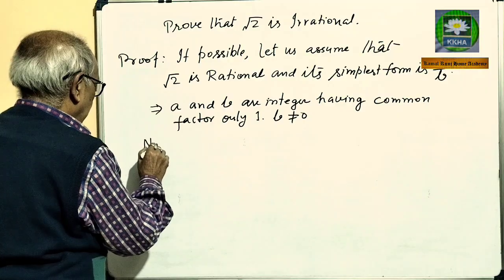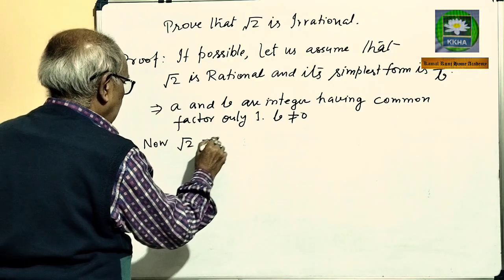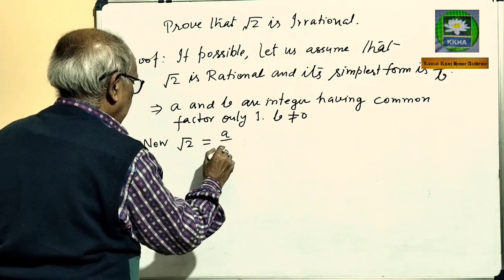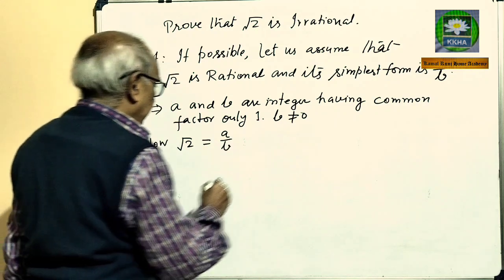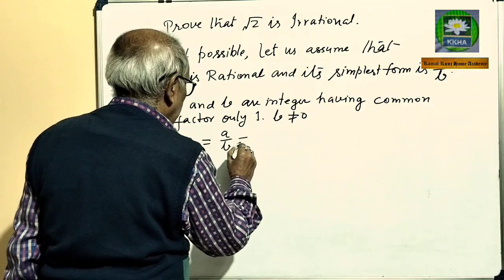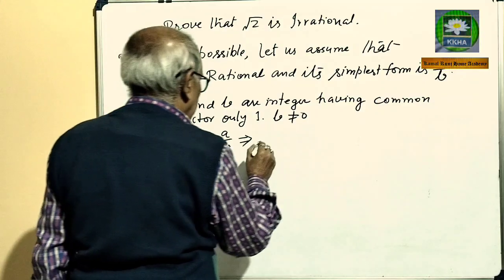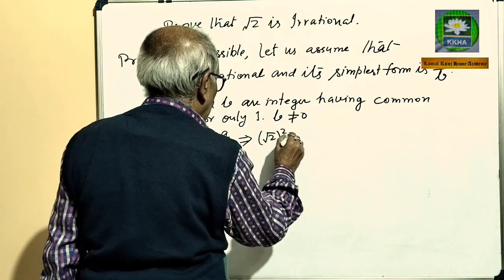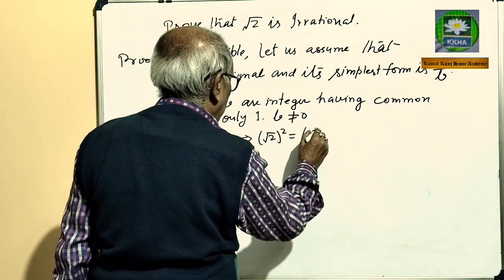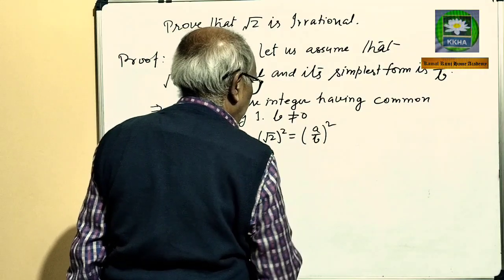Now, root 2 is equal to A upon B as per our assumption. Taking square on both sides, 2 is equal to A upon B whole square.